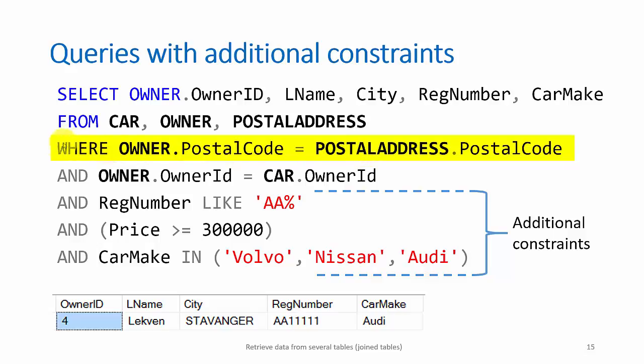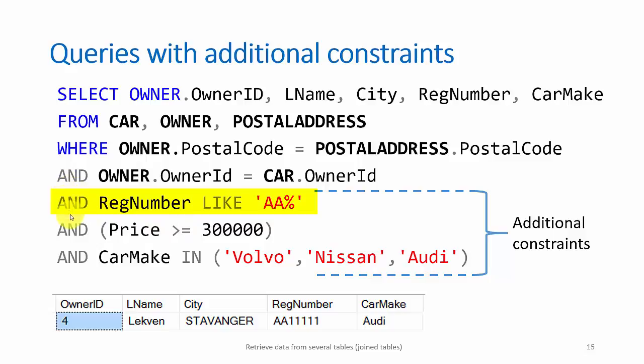And since we only can use one where statement, then we have to add the next joining with an AND function. So we say and then we make a connection between the two tables, owner and car, on this owner ID column. And after that we can specify other conditions.